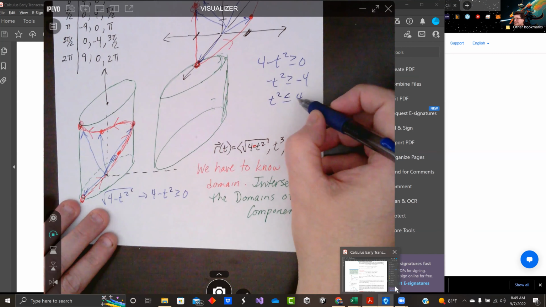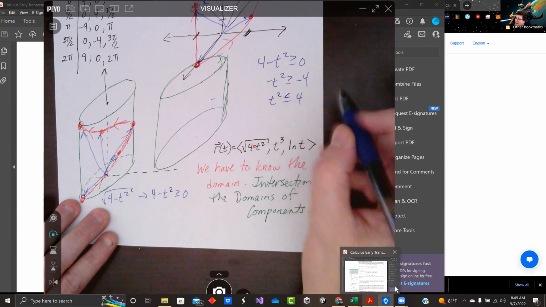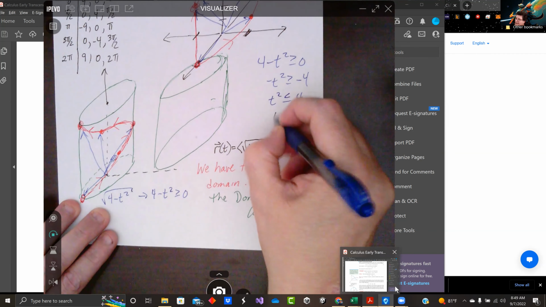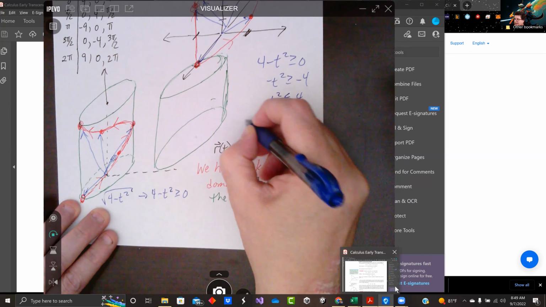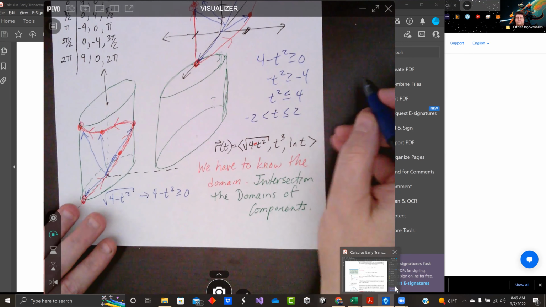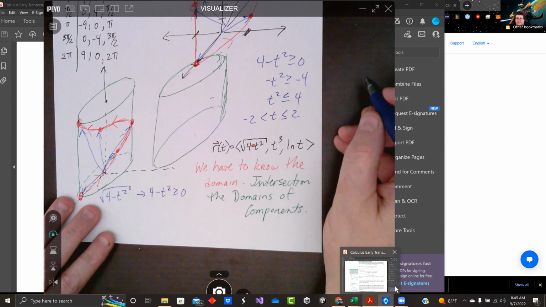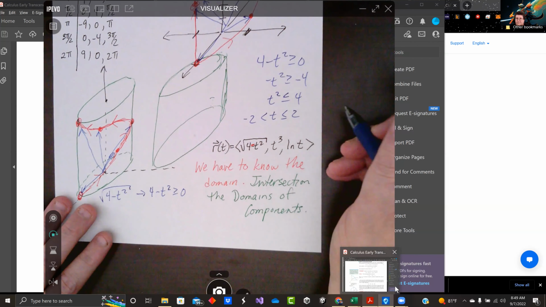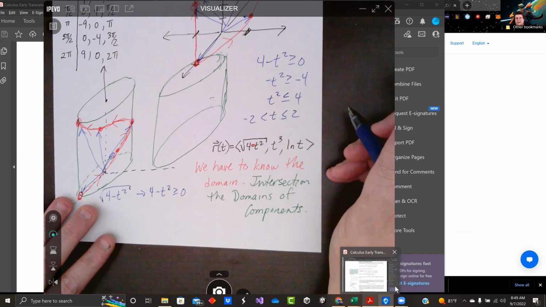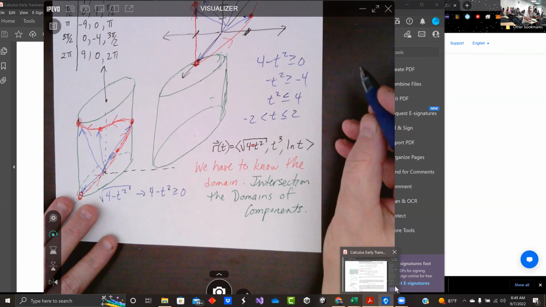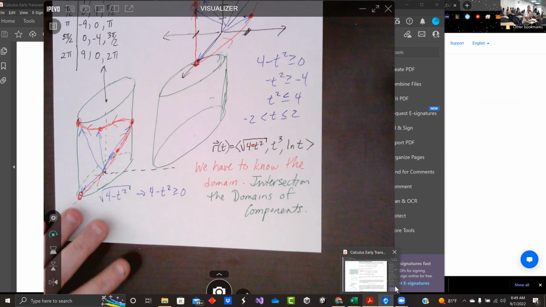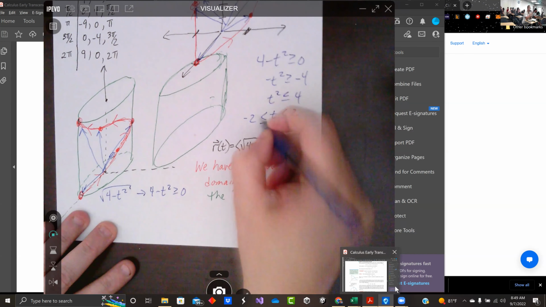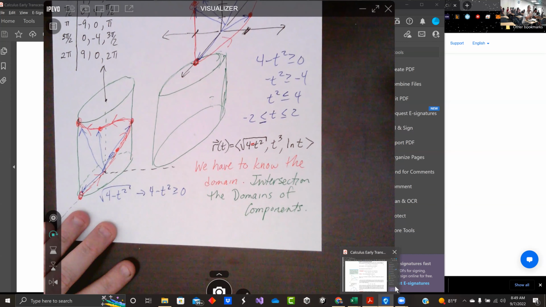T squared is less than 4 means that t is less than 2 and greater than -2. And the equal, right? Got a question asking whether the t can be greater than or equal to. Oh, that's a mistake.